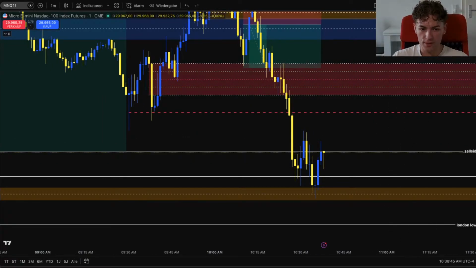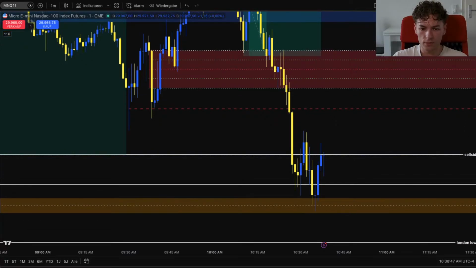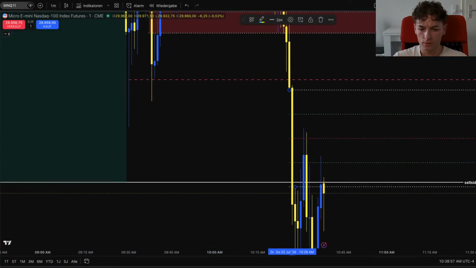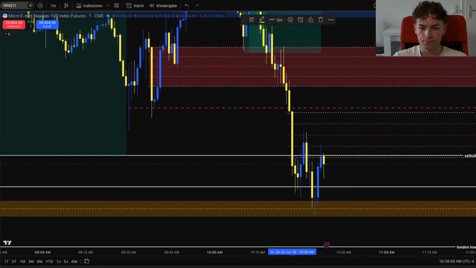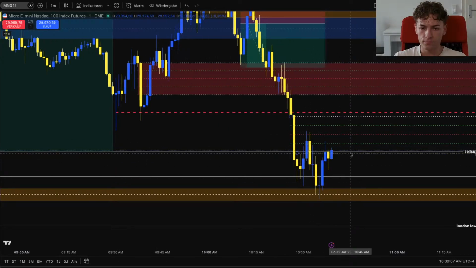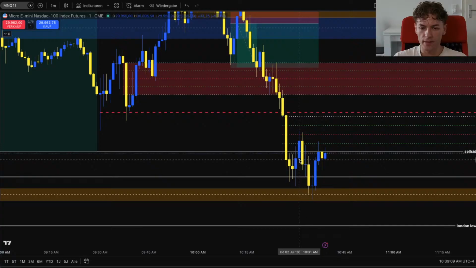Okay, let's just see if we are going to go for London lows. So far, we've traded down into this level. So let's see how price is using this fair value gap in here. Trade up into respected midpoint, went lower. So far we've been respecting this order block midpoint, as you can see.